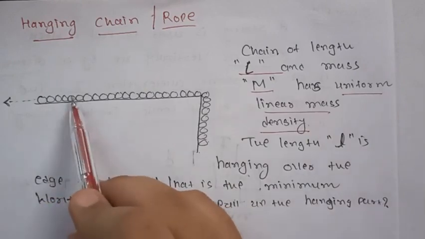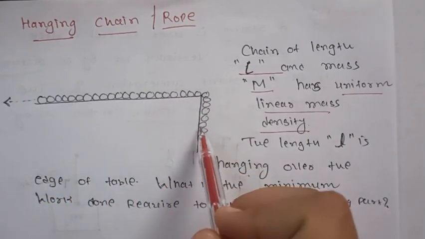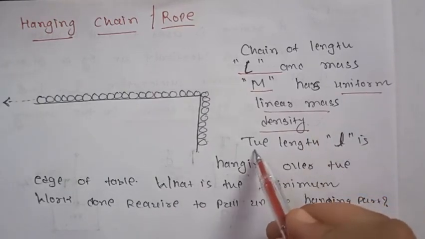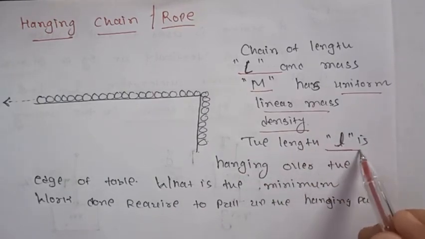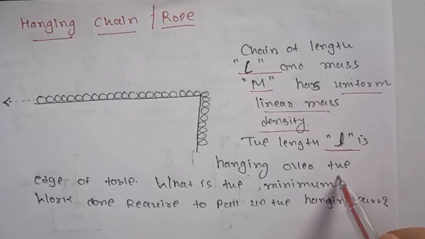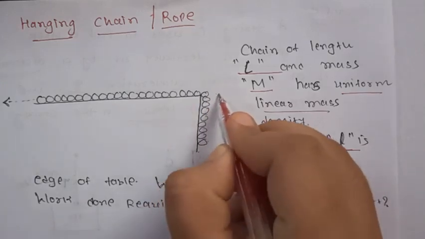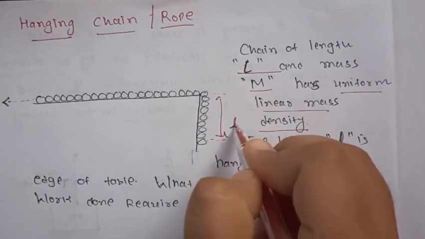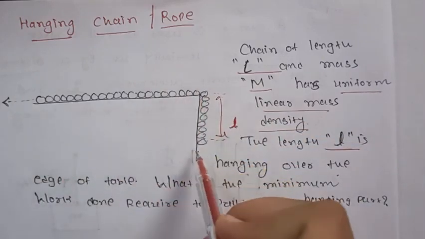That means mass is distributed equally throughout the length. The length small l is hanging over the edge of the table. So this length is small l and the total length is capital L.